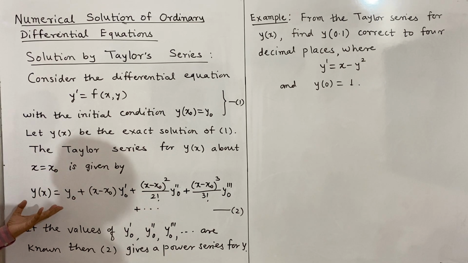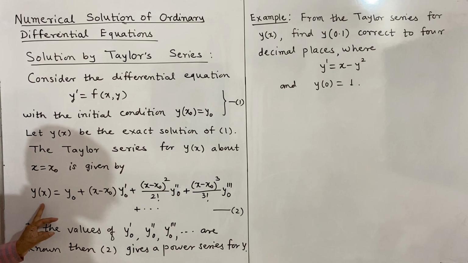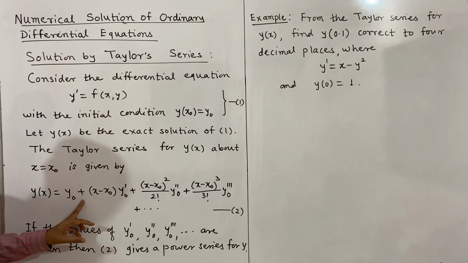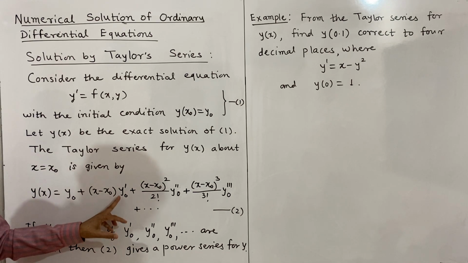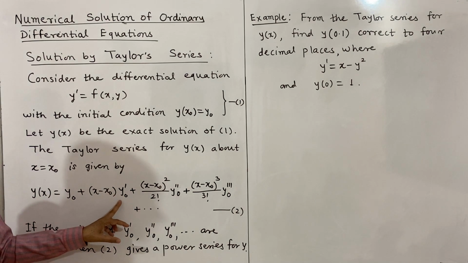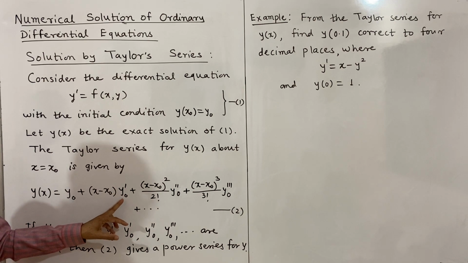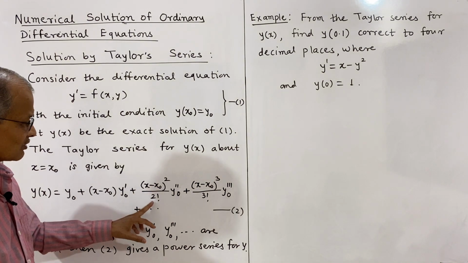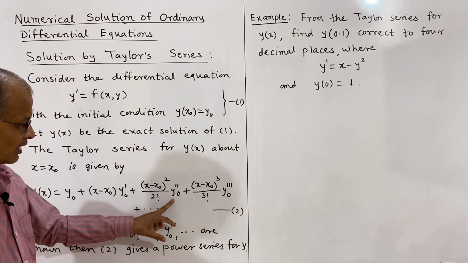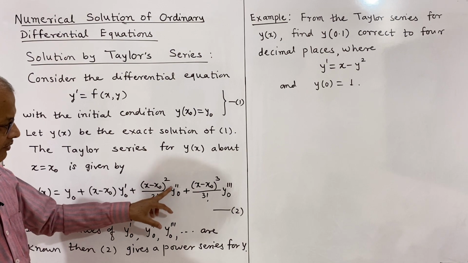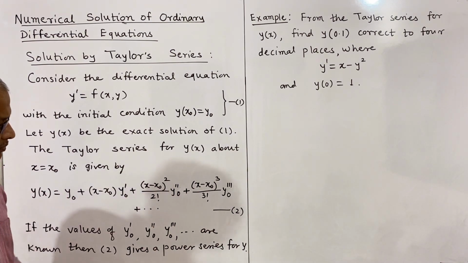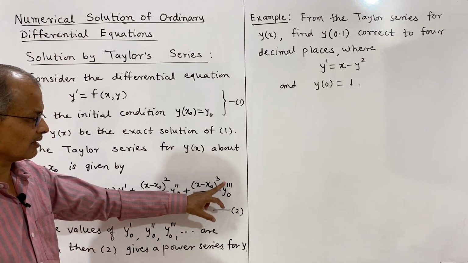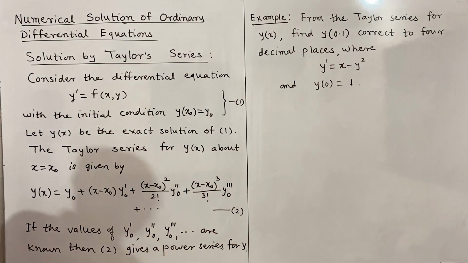We know the Taylor series is given by this expression: y of x is equal to y naught plus x minus x naught times y naught dash, the derivative of y at x is equal to x naught, plus x minus x naught whole square divided by 2 factorial times y naught second derivative, plus x minus x naught cube divided by 3 factorial times the third derivative of y at x is equal to x naught.